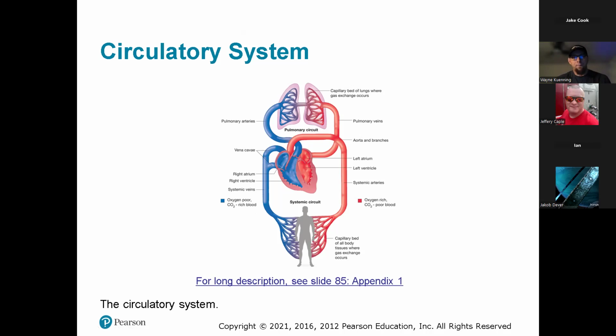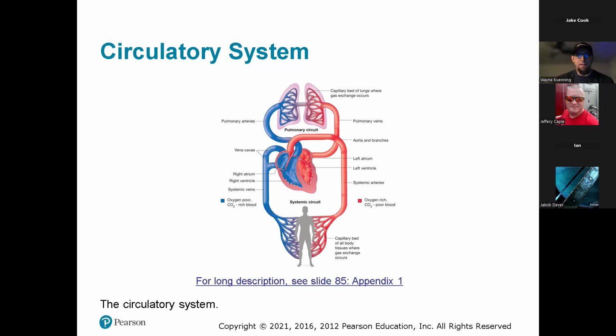The left side of the heart and all your arteries, minus the pulmonary artery, circulate oxygen-rich blood. Typically somewhere around 97% saturated is average.